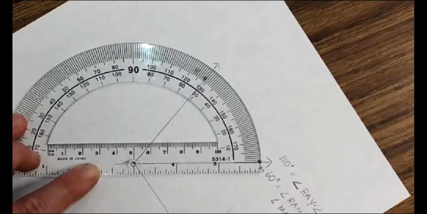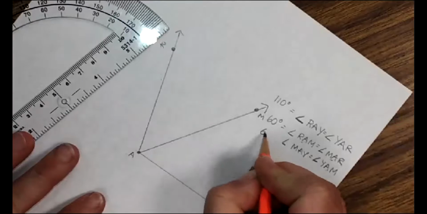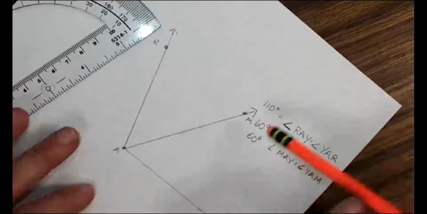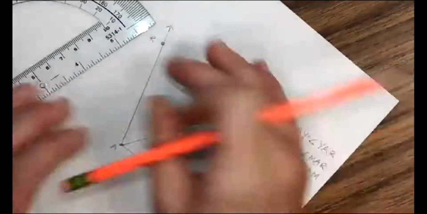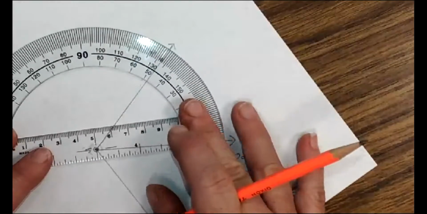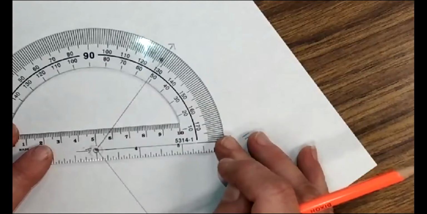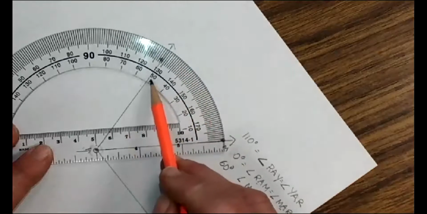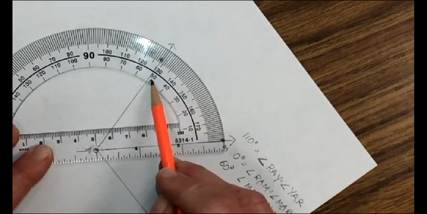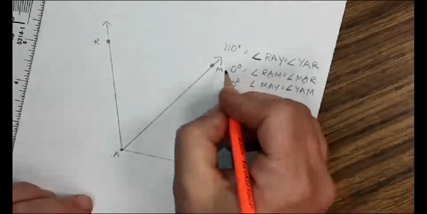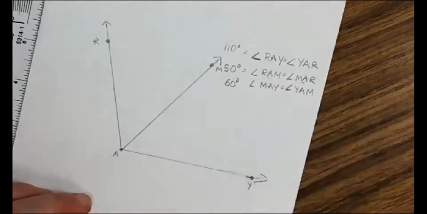Ooh, I put that in the wrong one. 60 degrees was here. Okay, and I see the angle, line it up. RAM is close to 50 degrees. All right, so we would say 50 degrees.